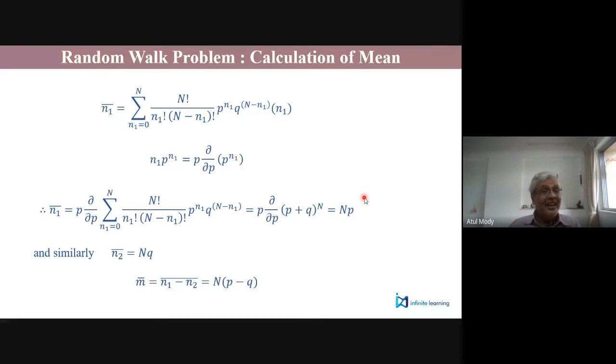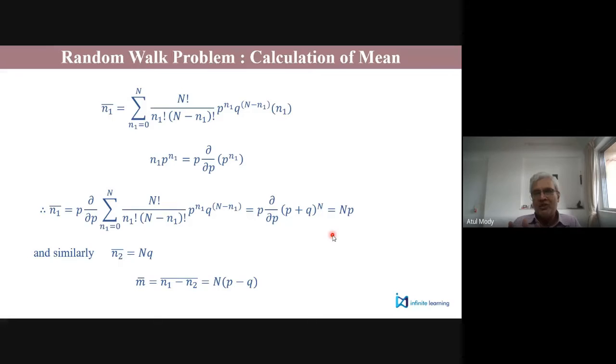Now, what is the average number of steps he has moved in one direction? Then obviously, that's N1 bar minus N2 bar. And that would be N times P minus Q. So if P was equal to Q, obviously you don't expect any forward movement because half of the steps will be in the forward direction, half in the backward direction.